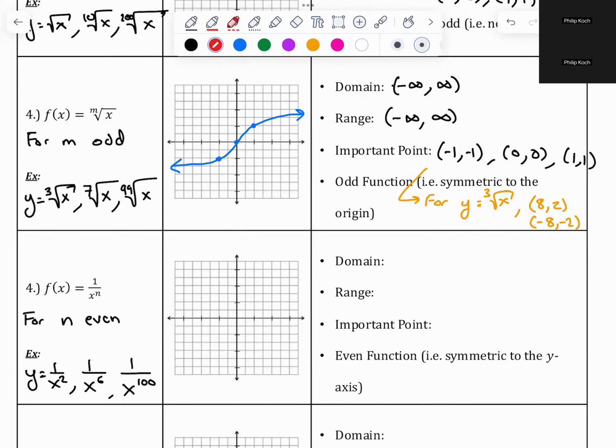We'll talk about them soon, but we have a vertical asymptote through the y-axis, and we have a horizontal asymptote through the x-axis. We'll talk more about those later. Don't worry about them for now. And these curves have the points (-1, 1) and (1, 1). And they look like this.